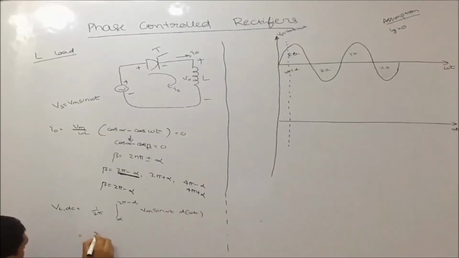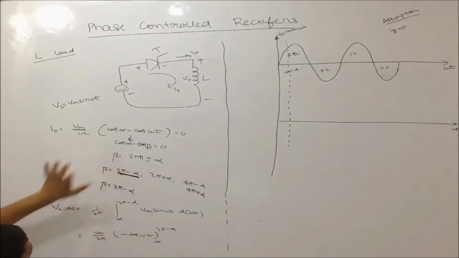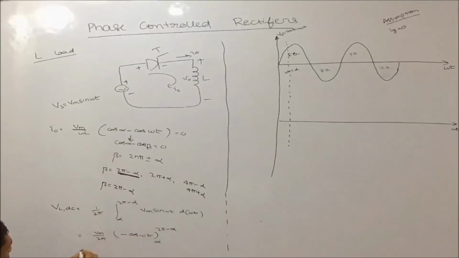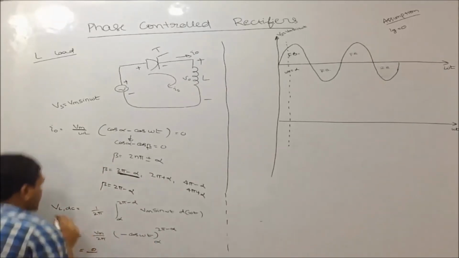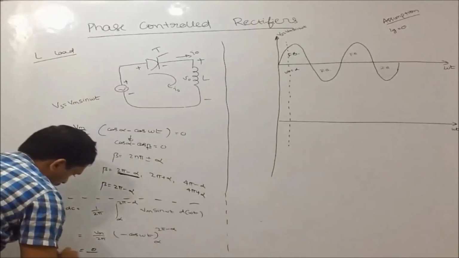So what I get? Vm by 2 pi into minus cos omega t from alpha to 2 pi minus alpha. Just now we have seen cos alpha and cos of 2 pi minus alpha are the same. So this value becomes 0.